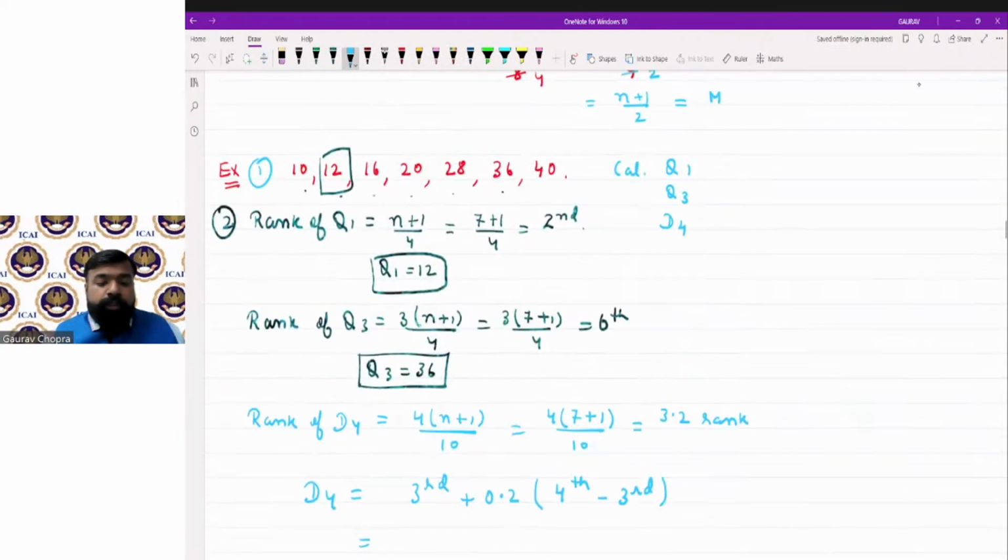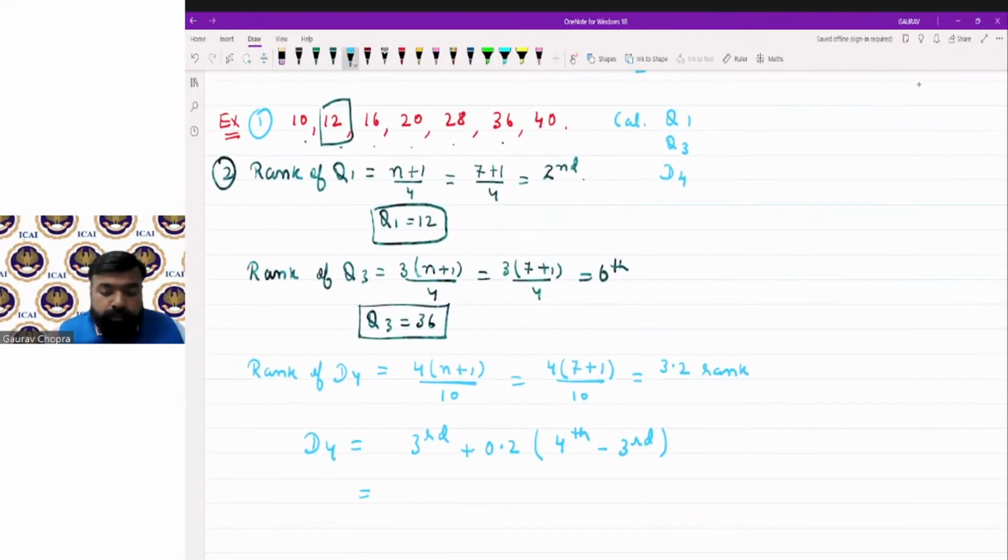The third value is 16 plus 0.2. What is the fourth value? It is 20, minus the third one, 16. So 20 minus 16 is 4. 4 into 0.2 is 0.8. So the result is 16.8.